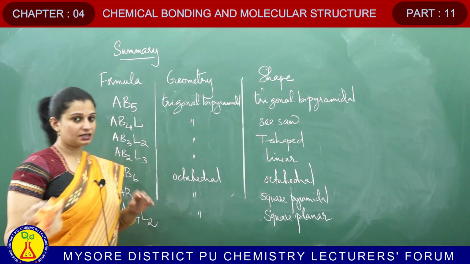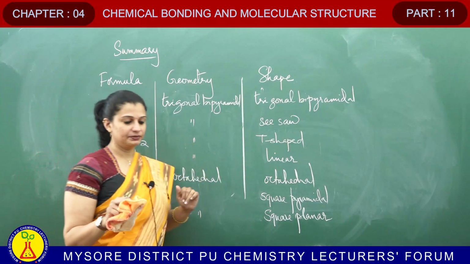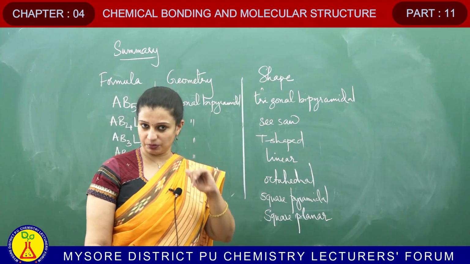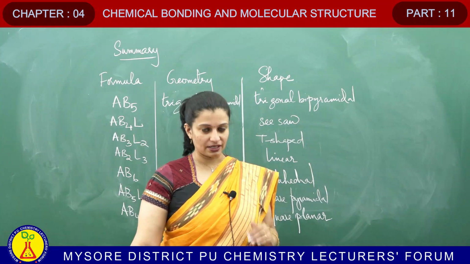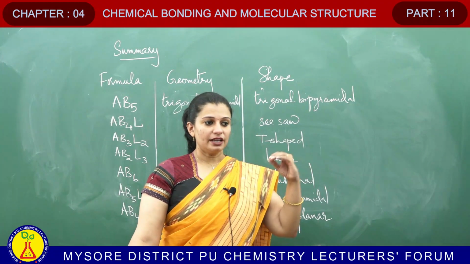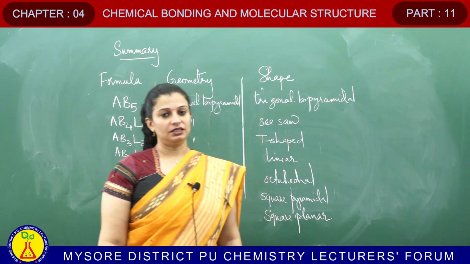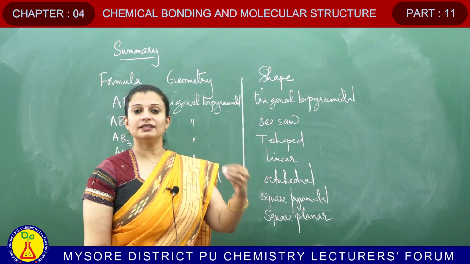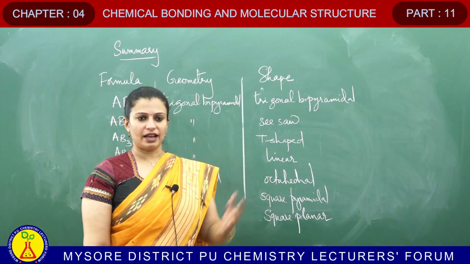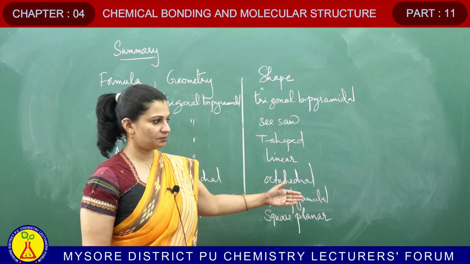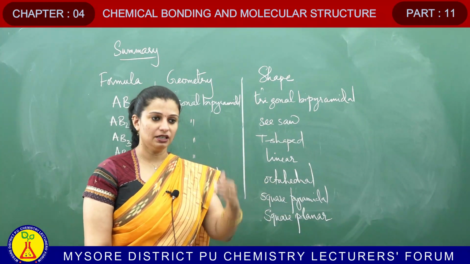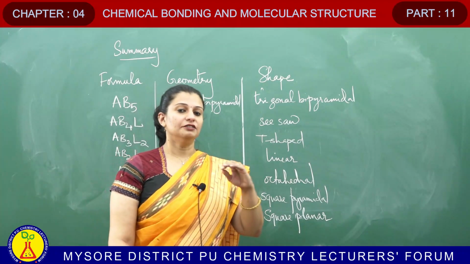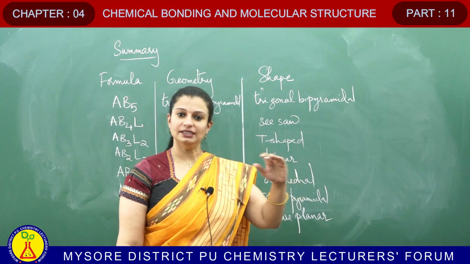Now, the last thing that I want to do under this session: we have already seen the postulates of VSEPR theory, and we have seen the different categories or examples under that. Now, I will show you one very easy method to recognize the examples. If I give you a random example, how can you figure out what the geometry and the shape are?